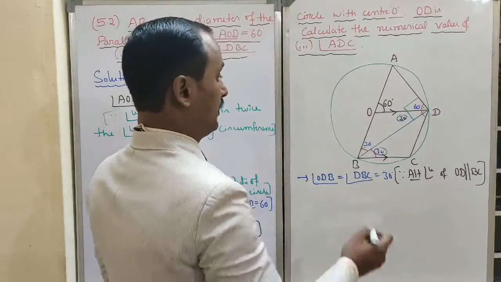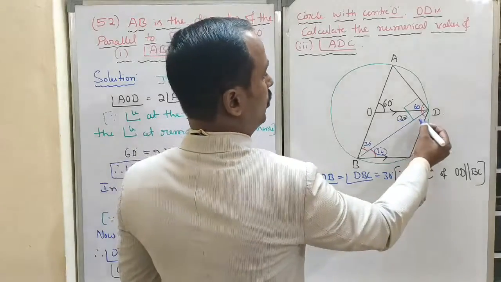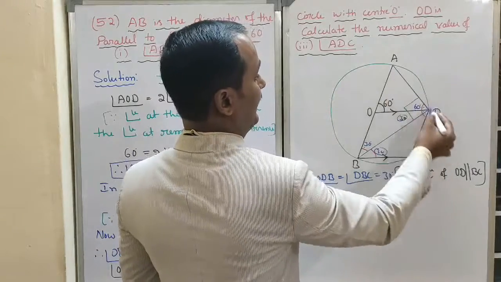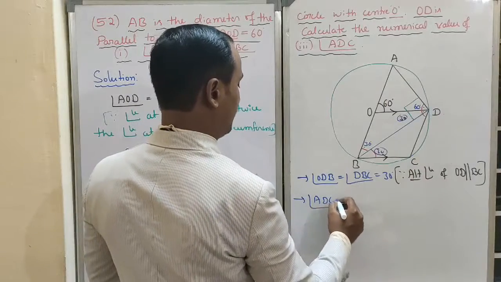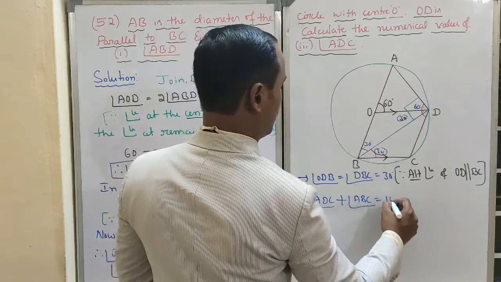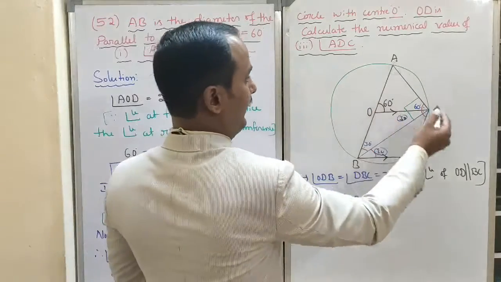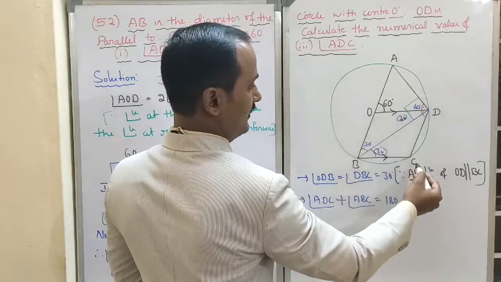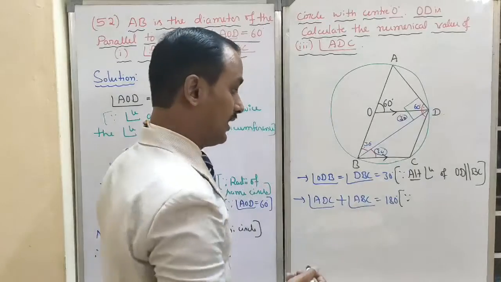Clear? Now this complete angle, how much did we get? 60 degrees. We don't want this one. Complete angle ADC will come. Now final step: ADC plus ABC is equal to 180 degrees. How? ADC, ABC. Reason you already understand.